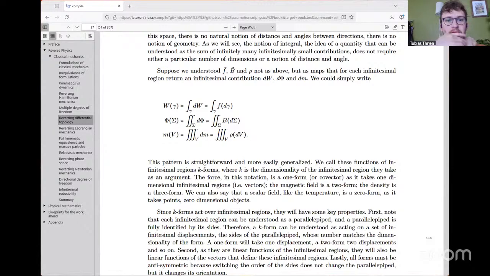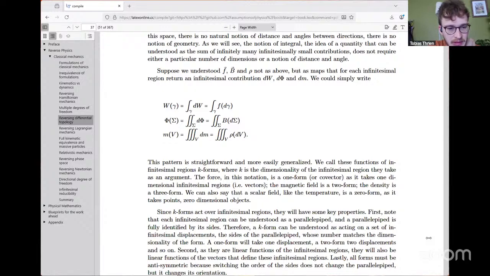Okay. Suppose we understood F, B, and rho not as above, but as maps that for each infinitesimal region return an infinitesimal contribution dw, d phi, dn. We could simply write w of a path gamma is the integral over gamma of infinitesimal dw's, which is then f of dy.